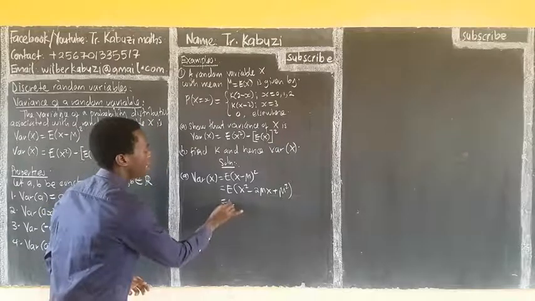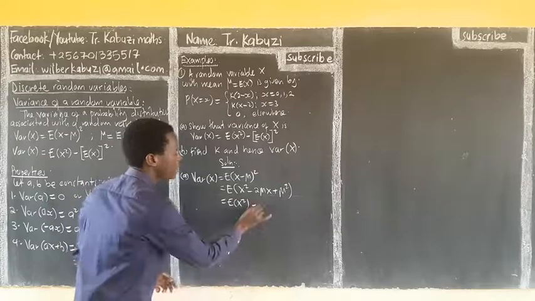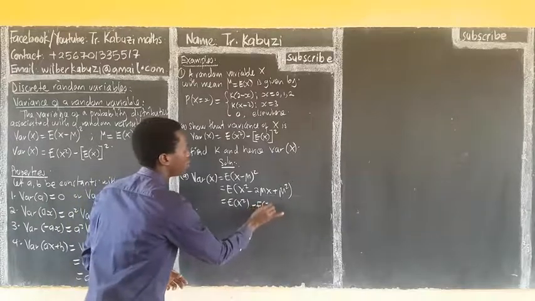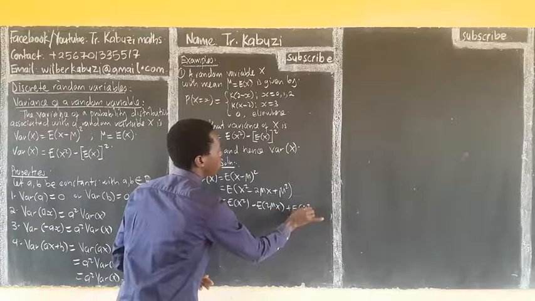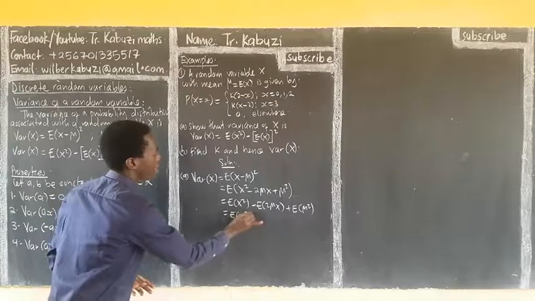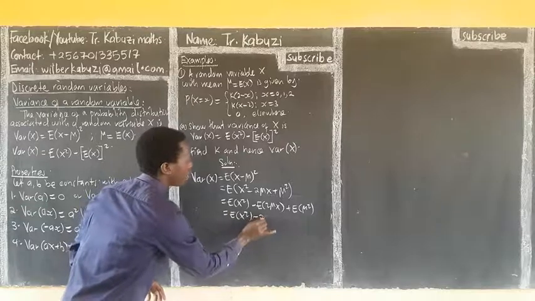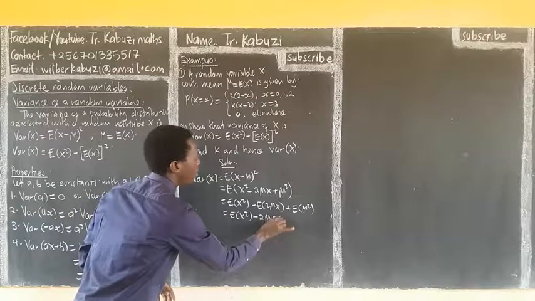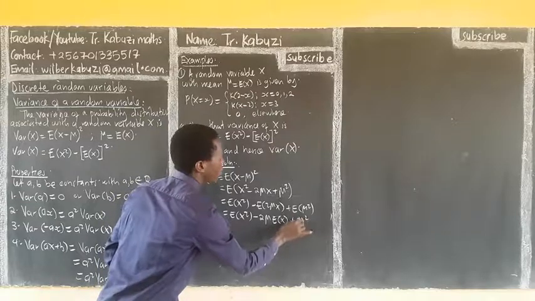So this would be e of x squared, then minus e of 2 mu x, then plus e of mu squared. So this will be e of x squared. Then you see that these are constants and this is the variable, so it's the same as 2 mu e of x. Then plus this is the constant, which will be mu squared.